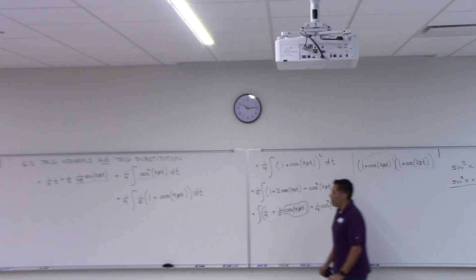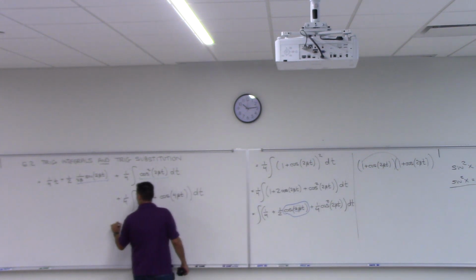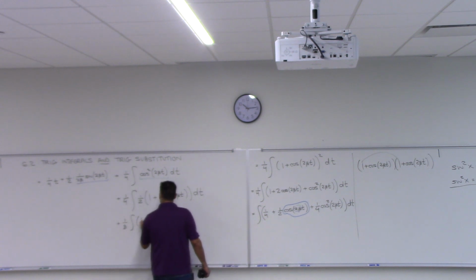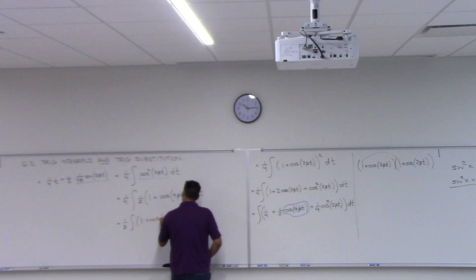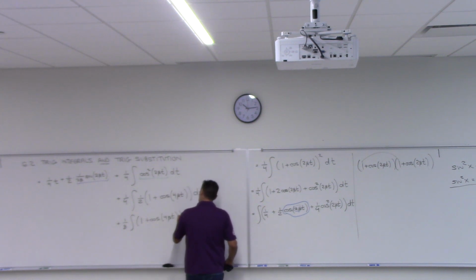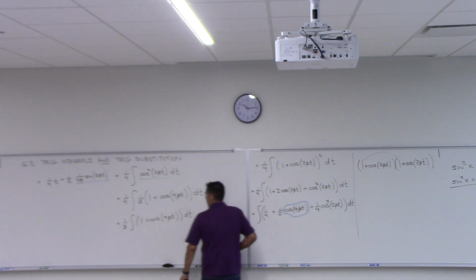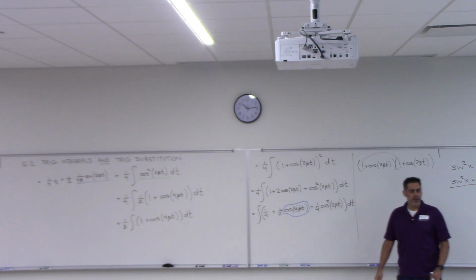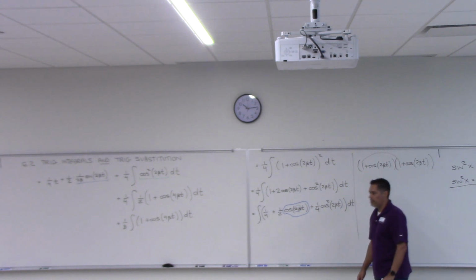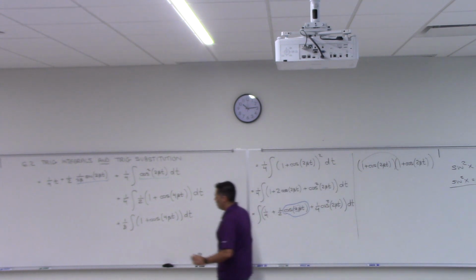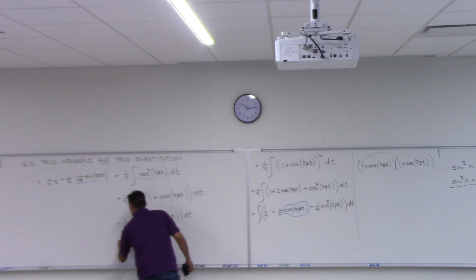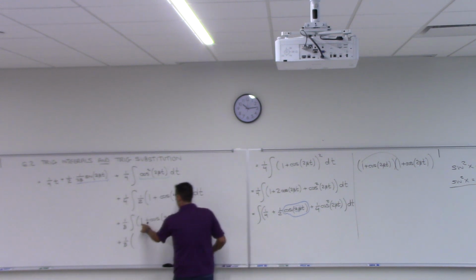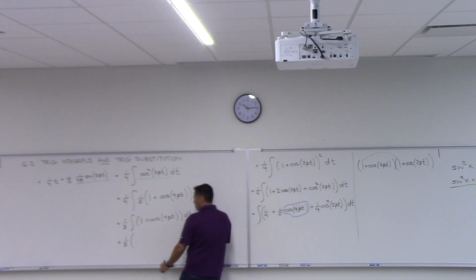And then I can take the 1/2 out. 1/8 integral 1 plus cosine 4 beta t dt. And now can you do each of those separately? Yes. Those you can handle each one. The antiderivative of 1 is t, because our variable is t.